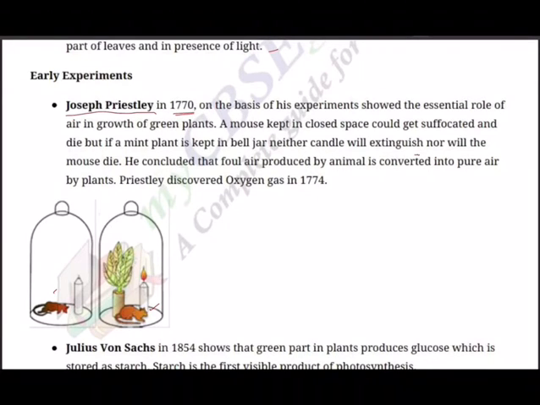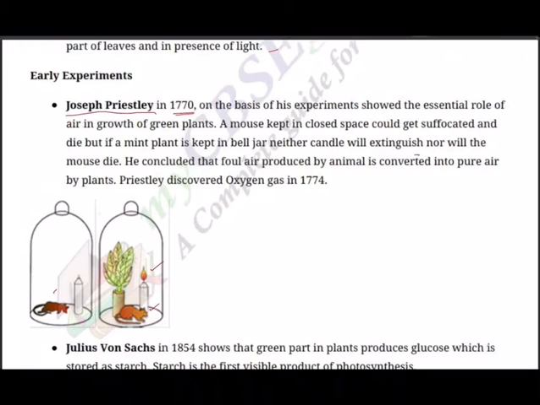What is the logic? The mouse is releasing carbon dioxide, so plants will take it, and light is there, CO2 is available, chlorophyll is inbuilt, so the plant will undergo photosynthesis. At the end of photosynthesis, it releases oxygen. Because of that oxygen, the mouse is surviving and the candle burns. That's the logic.